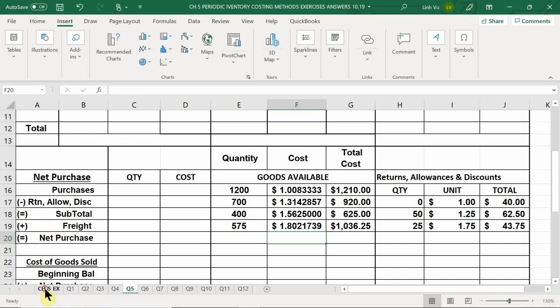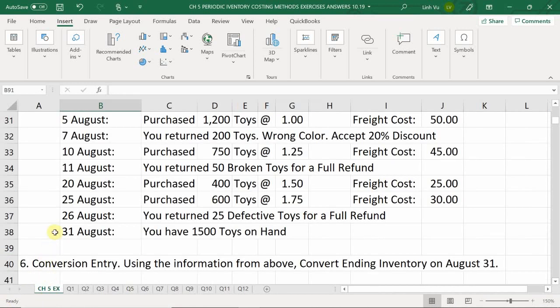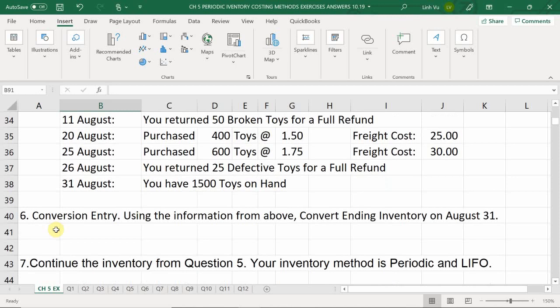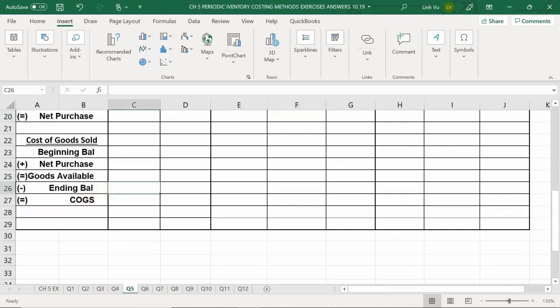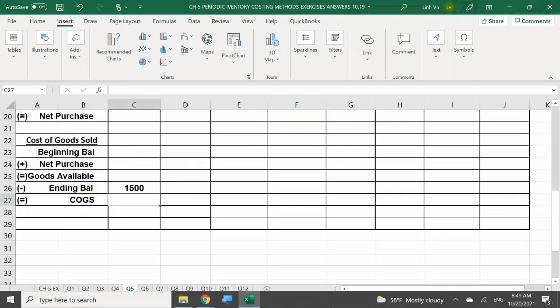All right. So then here on August 31st, you were given that you have a total of 1,500 toys left on hand. So therefore, we reach the end of the accounting period. So we have 1,500 toys on hand. So let's plug that number into my worksheet here.